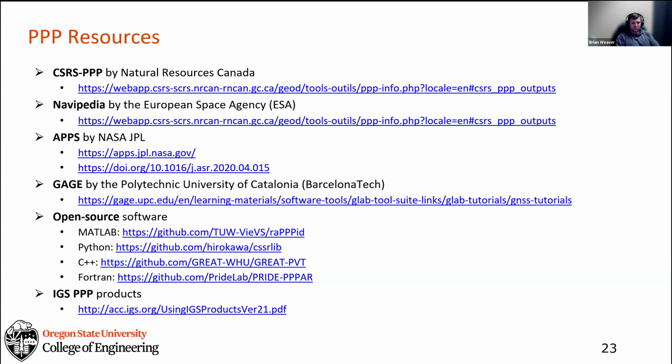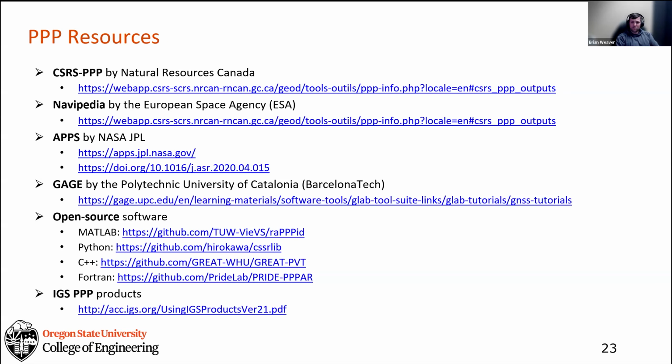But there are plenty of resources available that describe the fundamentals for PPP and some of those considerations in terms of different convergence times or different achievable accuracies, with some comparisons to conventional differential baseline processing. So I recommend anyone that's interested in the topic to review some of the links that are on the screen now.